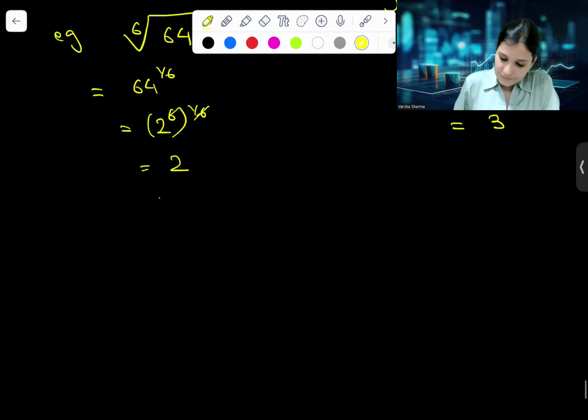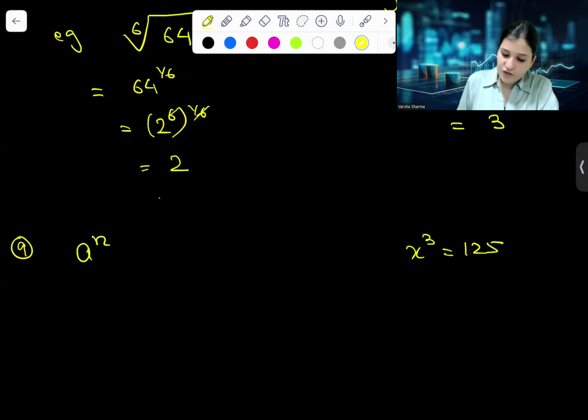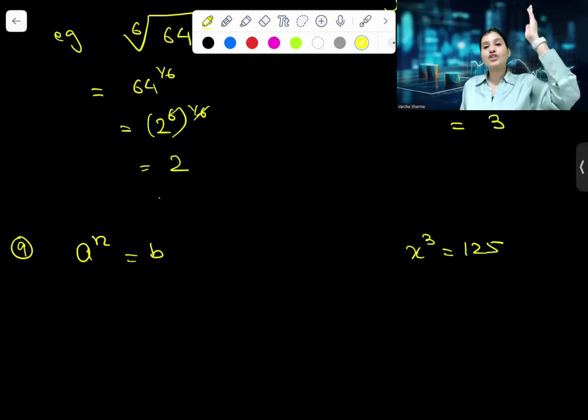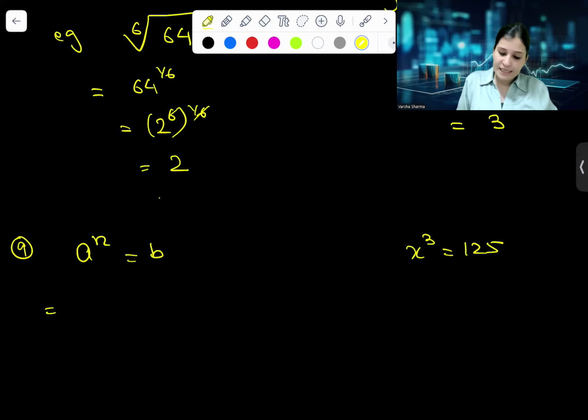Next, 9. This property becomes very handy when we have equation solving. For example, if I have x cube equal to 125, whenever I want to shift the power from one side to the other, it becomes a reciprocal.